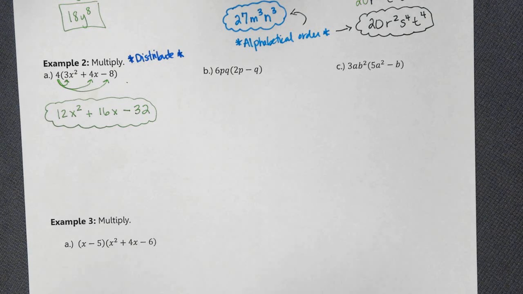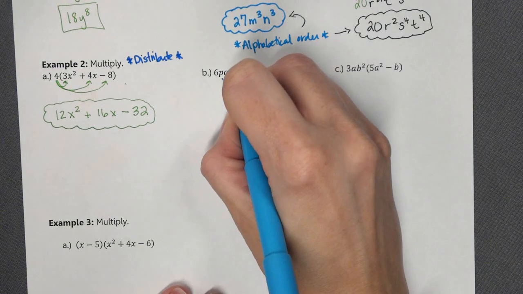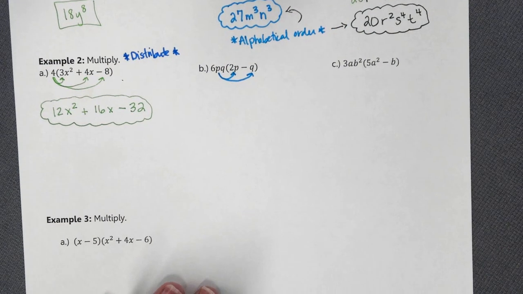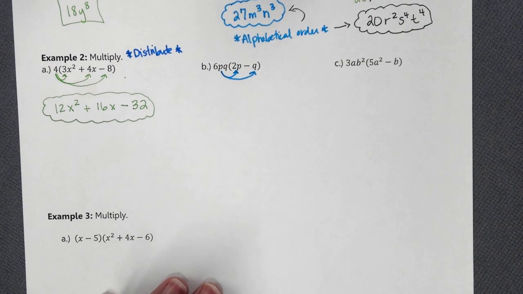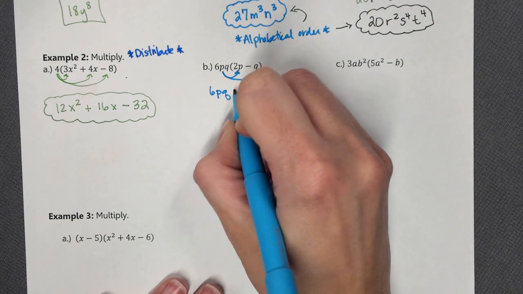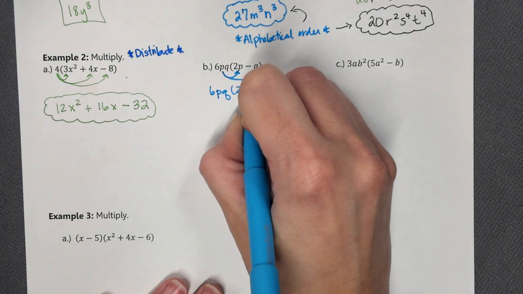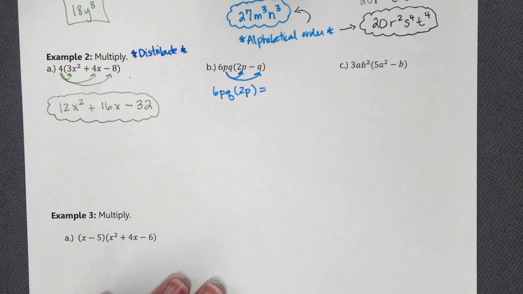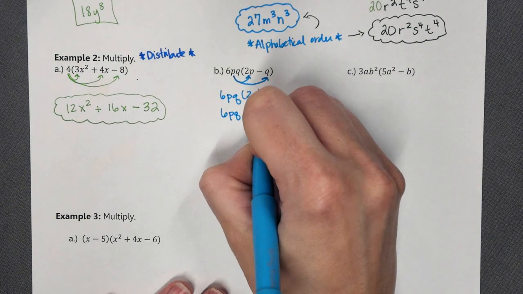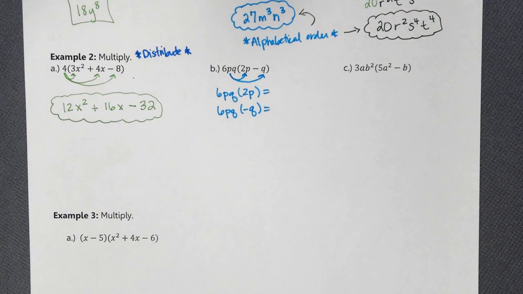So when you're doing this, you have to multiply everything by 2p and everything by negative q. Sometimes it's easier to keep track if you write out 6pq times 2p, find that, and then do 6pq times negative q, and combine those together.